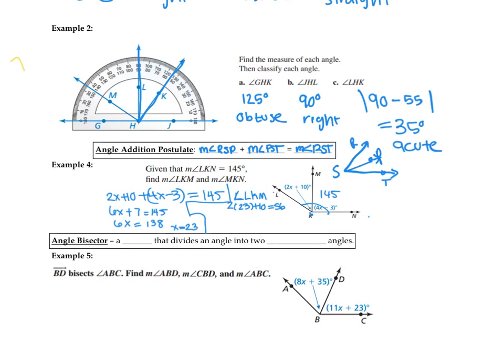So that's my first angle. And then for the second one, you have two options here. Either you could plug in the x, or you could just subtract 56 from 145, which would probably be the easier thing to do here. So I'm going to do that. For MKN, I'm just going to do 145 minus 56 degrees. That's going to give me a total of 89 degrees.